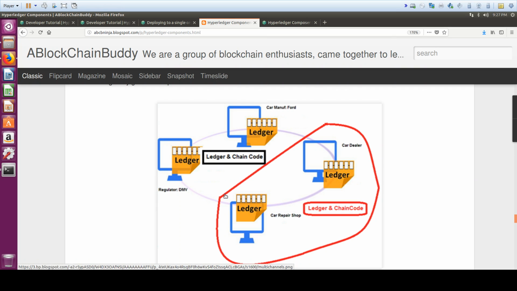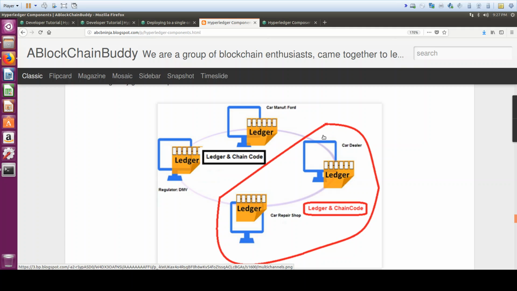So they decide to form their own private network, a private channel. That is possible. There may be another situation where the manufacturer and dealer need only communicate, so they will form their own network. So each channel will have a ledger and a chain code associated with it.